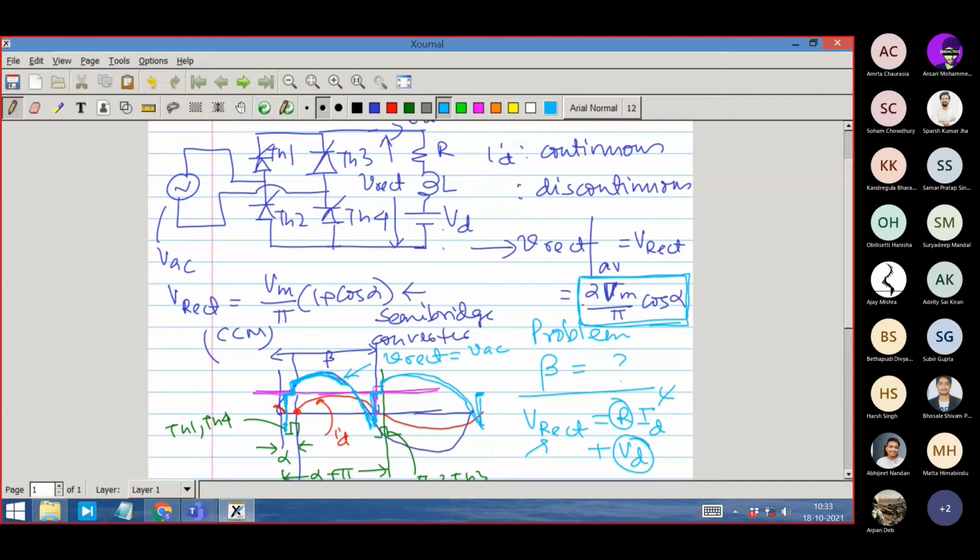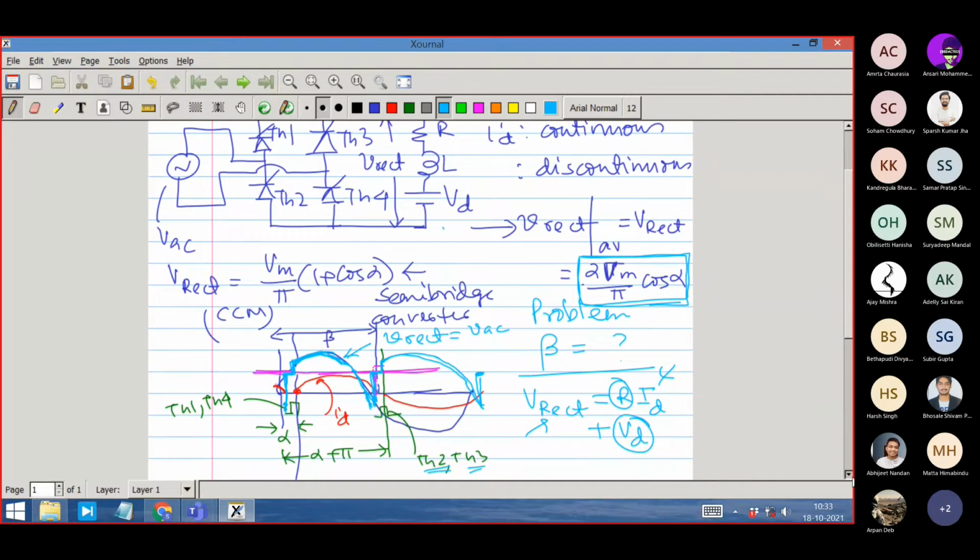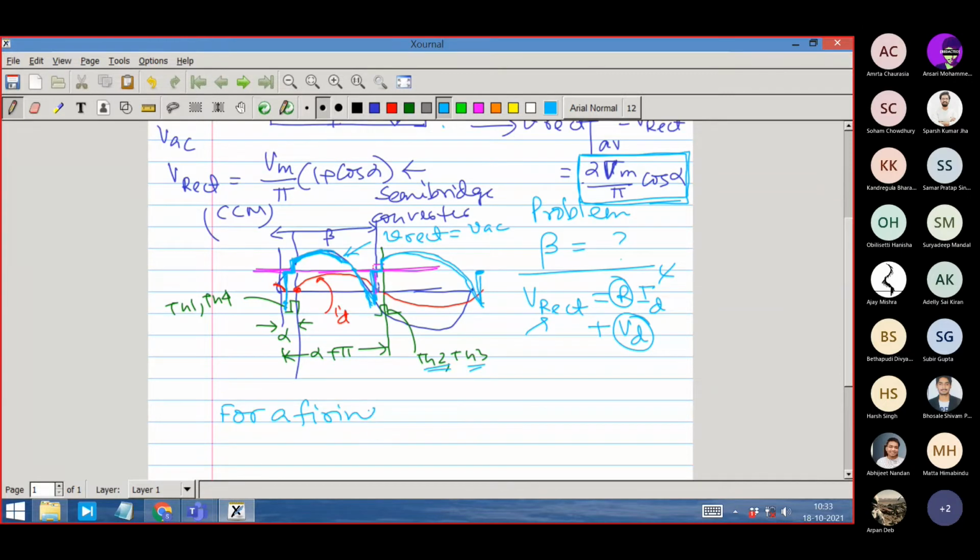That I can conclude. What I am trying to say is that for a firing angle alpha, if Vd is greater than 2 Vm by pi cos alpha, then it must be in DCM, discontinuous conduction.